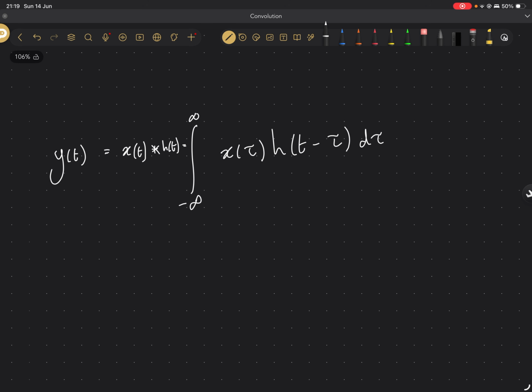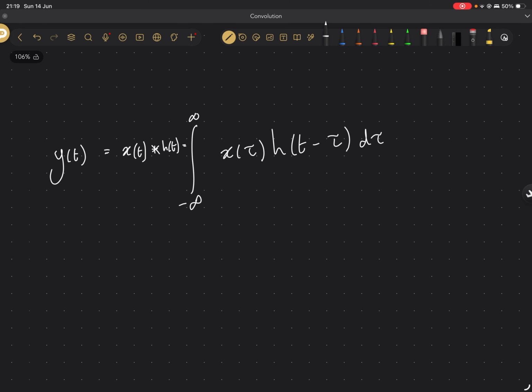Tau is a variable in time, and t is also a variable in time, but the way I like to think about it is that tau is more analogous to a discrete time, where we are interested in specific points throughout the signal in time.